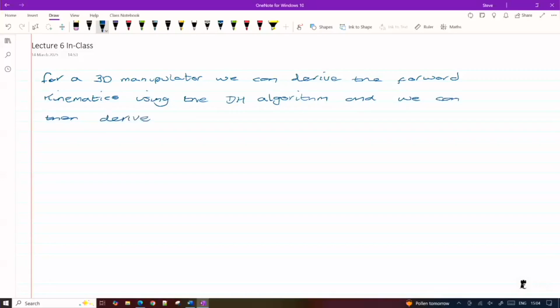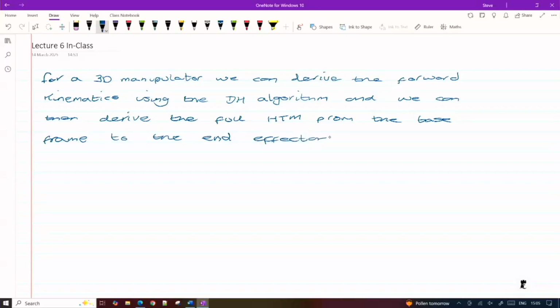And we use this to derive the full homogeneous transformation matrix from the base frame to the end effector frame.